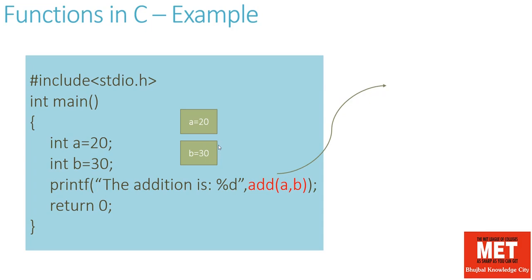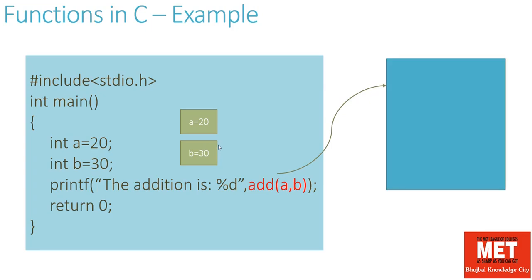There would be certain memory space allocation for the function, and now we have formal parameters which are defined as num1 and num2. The parameters defined in the function call are known as actual parameters, whereas the parameters defined in the function definition or declaration are known as formal parameters.